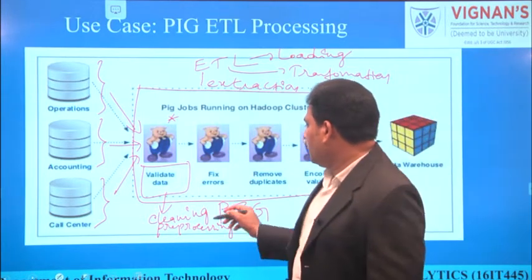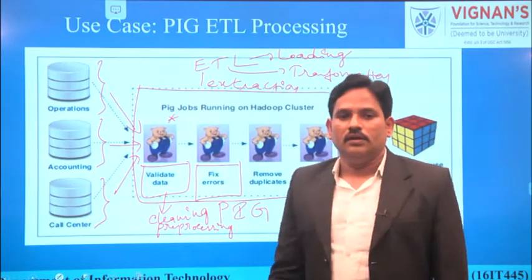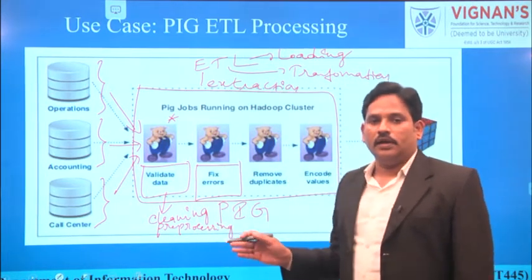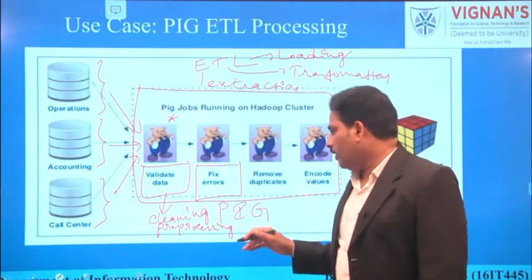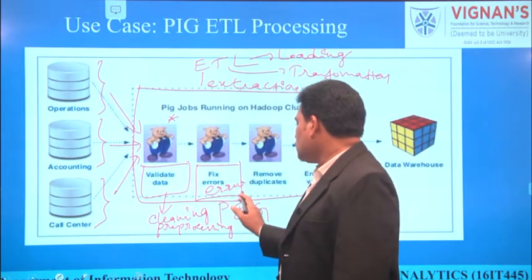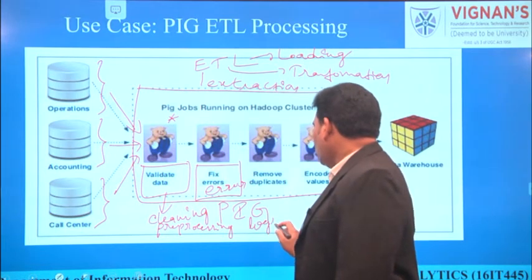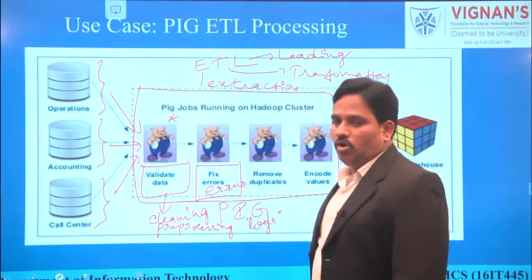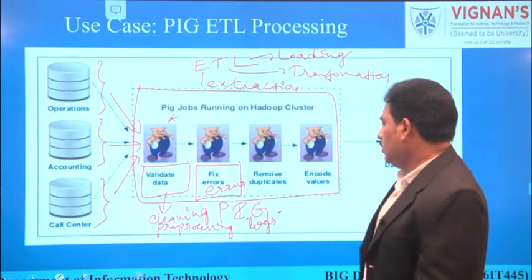After that, if any errors are encountered during the data transfer from sources to the Pig environment, those errors are handled. These errors are stored in log files or log information. All logs are analyzed and they try to fix the errors.